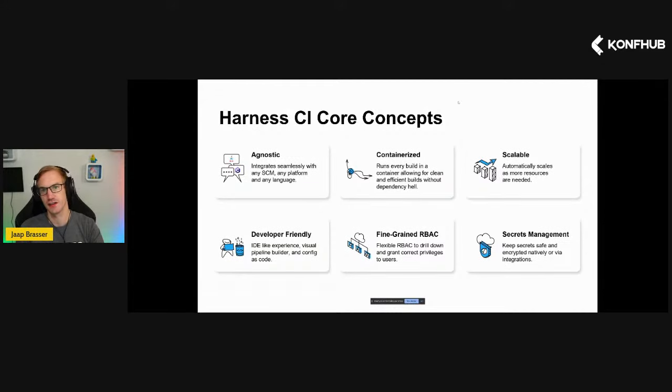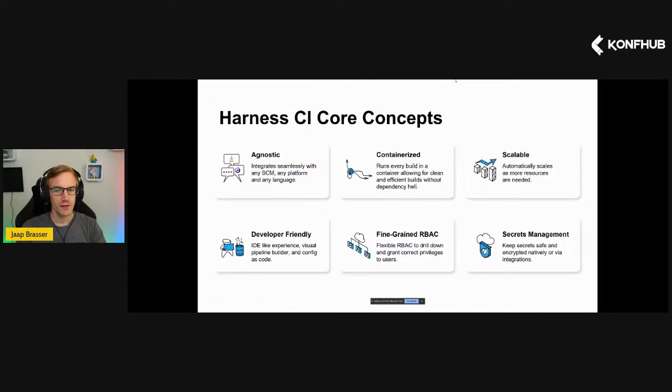And we have it integrated in the Harness platform as well as support for external secrets vaults, like the big cloud providers like Azure Key Vault, HashiCorp Vault, the AWS alternative for that one.